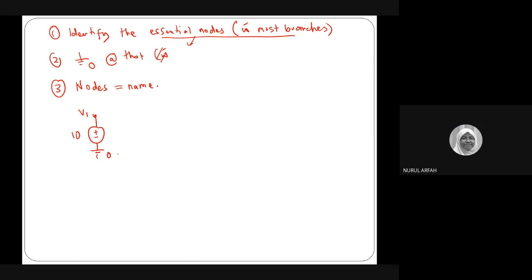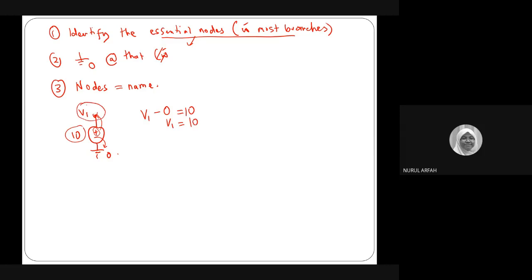So V1 here, how do you know what V1 equals? You just follow the rules. The higher polarity, the plus sign, which is V1, minus the lower polarity, the negative sign, which is 0, equals the value of the voltage source. This is 10, so you know that this node is equal to 10 volt.